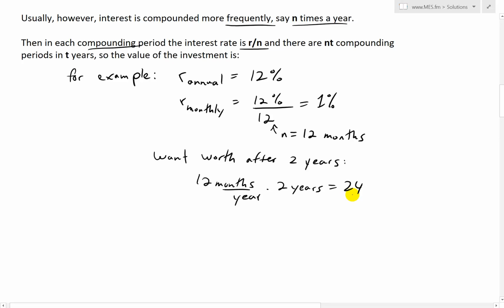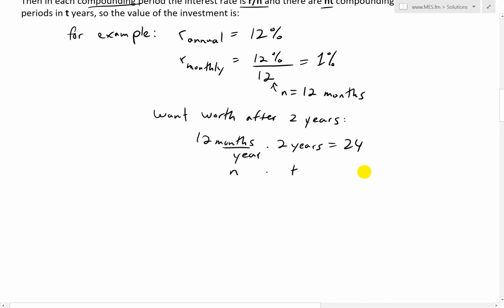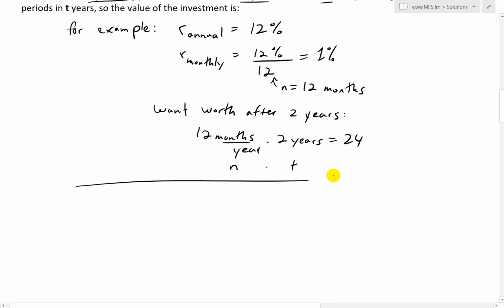So that's how many total compounding periods. In other words, we have this n and this is t, so that's where we get this n multiplied by t from.